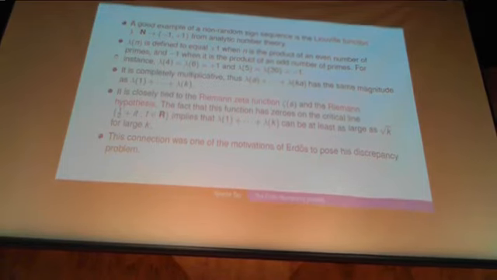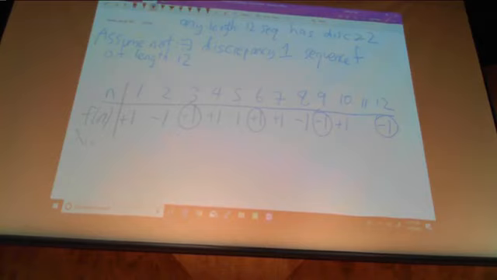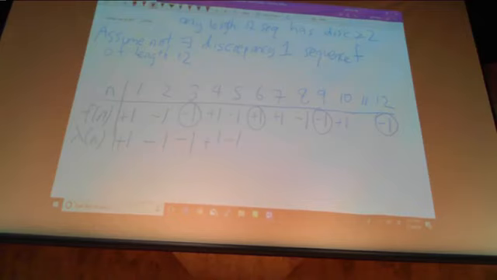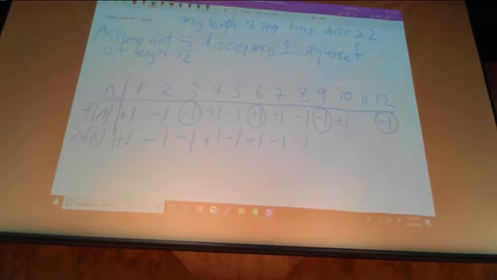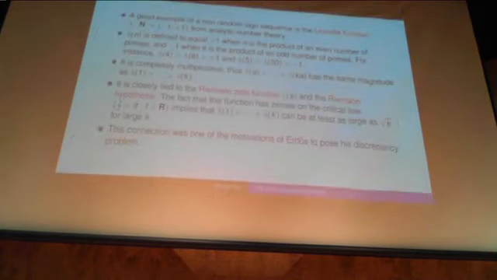So maybe if I go back to this picture here, if I draw lambda of n, it looks like this: odd number of primes, even number of primes, odd, even, odd, even, and even, odd, odd. That's what the Liouville function looks like.